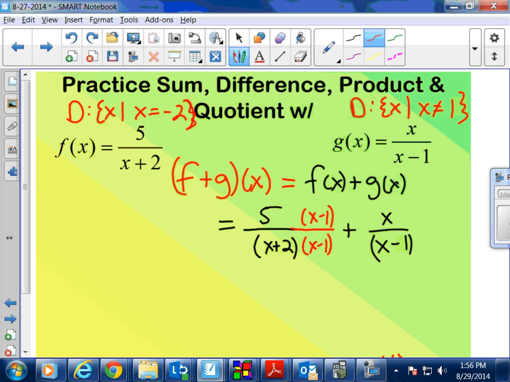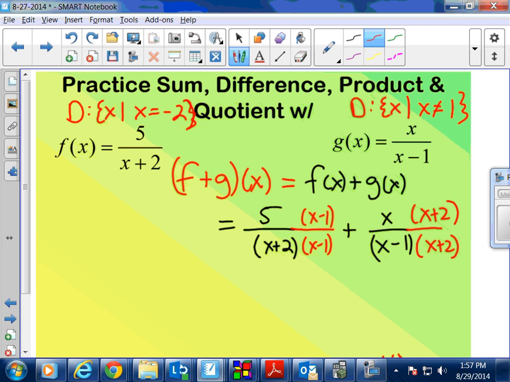I'm allowed to do this because x minus 1 divided by x minus 1 is 1, so in essence I am just manipulating the equation. Then on the right side, I'm going to multiply by x plus 2 over x plus 2. This is part of my process to be able to add them.